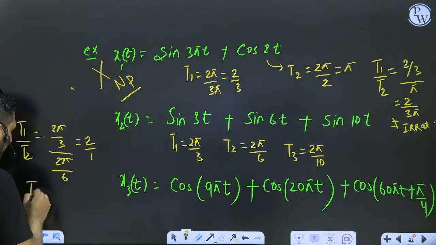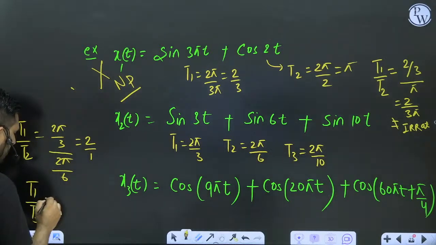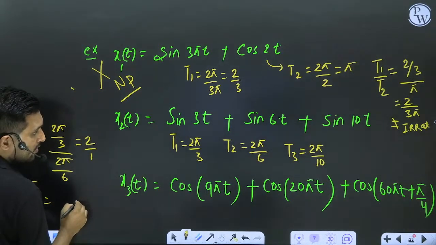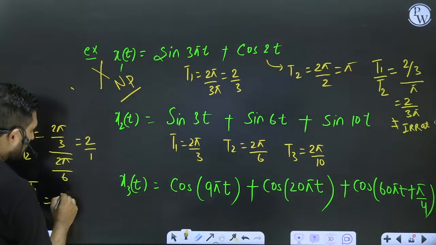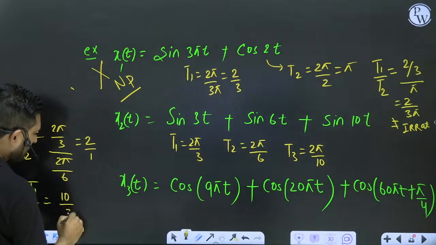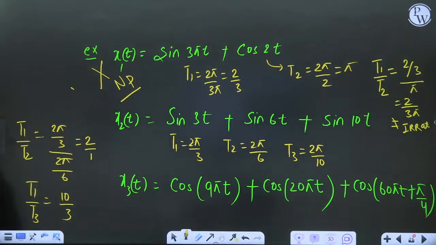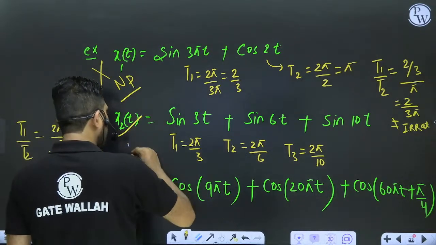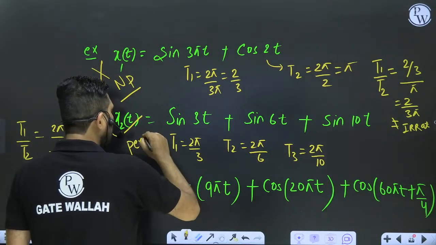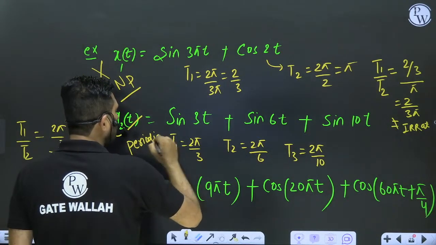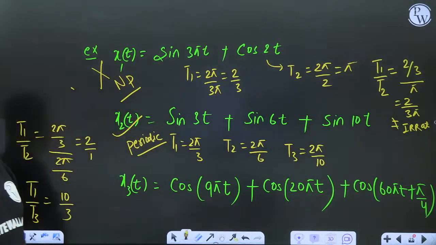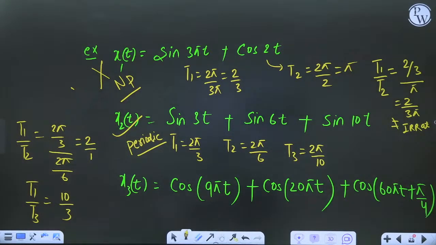What is T1 by T3? T1 by T3 is 10 by 3. Both are perfect rational numbers and hence this is periodic.